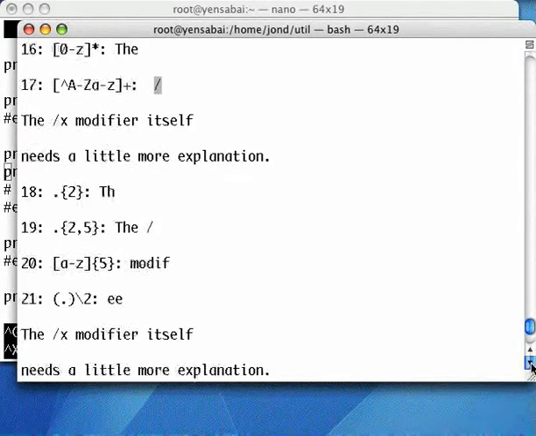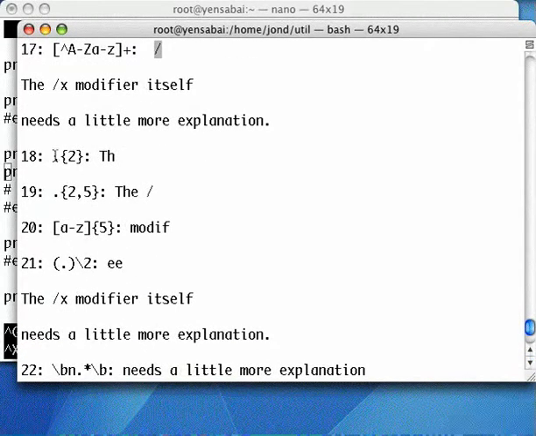Here we have a TH because we're looking for simply two characters. Here we're looking between 2 and 5, and so it's going to pick out 5. It doesn't say what kind, so THE space \ is all game.